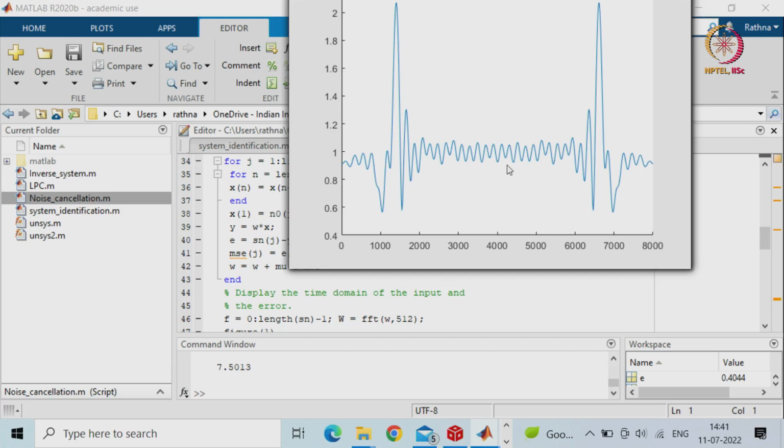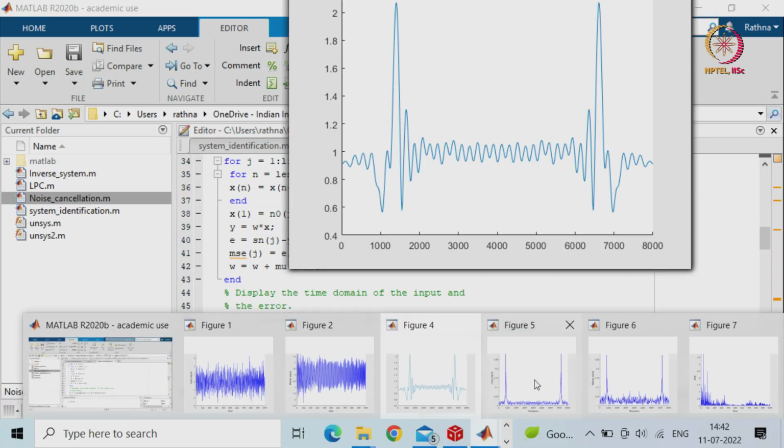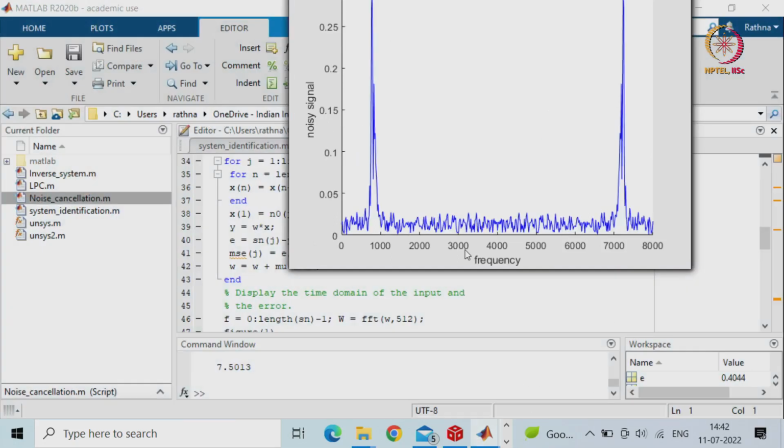This is in the frequency domain as you can see, but naming has not been done here, and this is the magnitude you will be seeing on the y axis, and the x axis is the frequency domain response. And then the fifth one shows how the noise is introduced: this is the noisy signal in the frequency domain, along with the sine wave, and you have the noise present also.